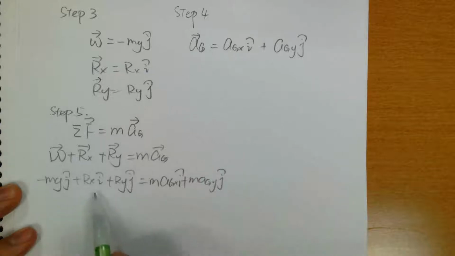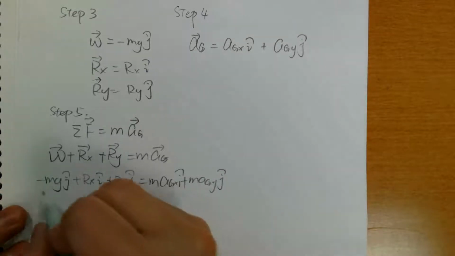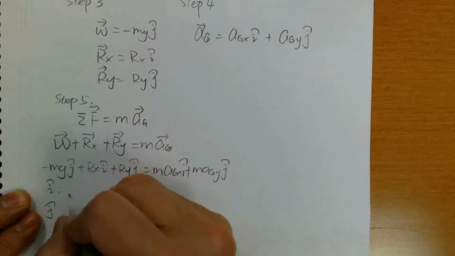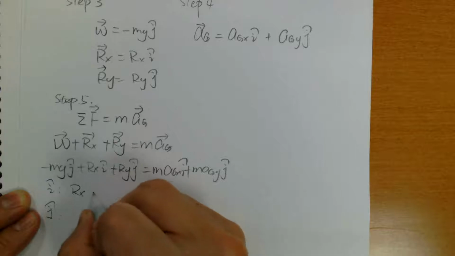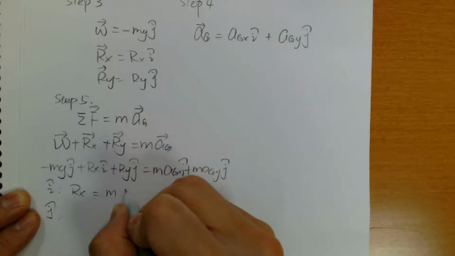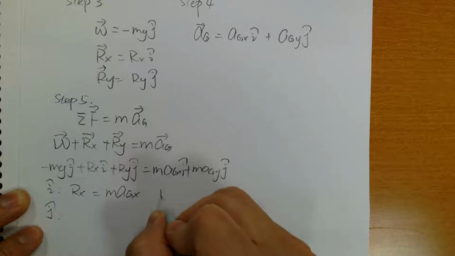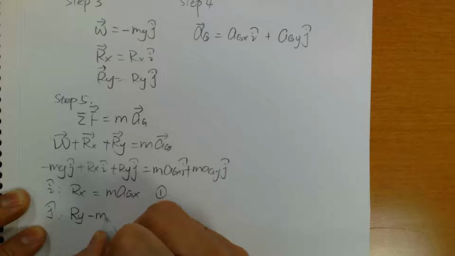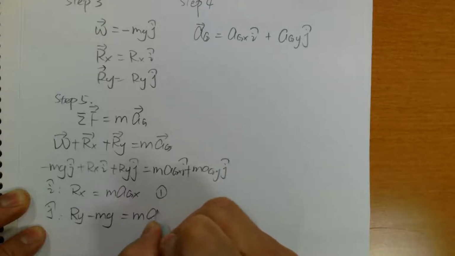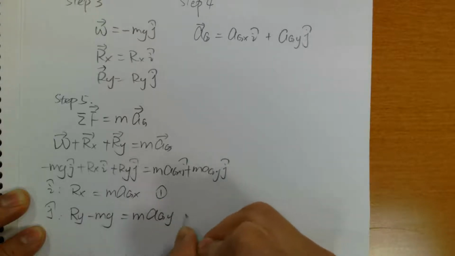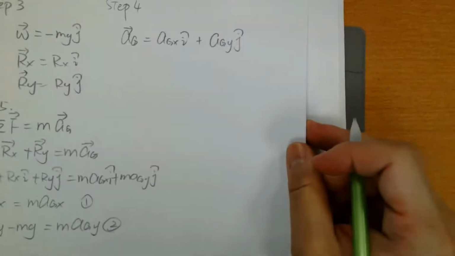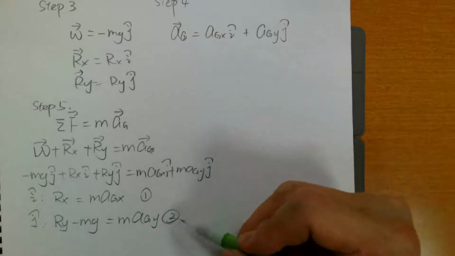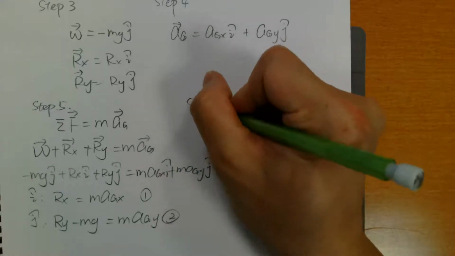So from this Newton's equation, we can obtain two scalar equations. In the i direction, we have Rx equals mAgx. That's our first scalar equation. The second scalar equation is Ry minus mg equals mAgy. That's our second scalar equation. Okay, that's step five. From step five, we obtain two scalar equations.